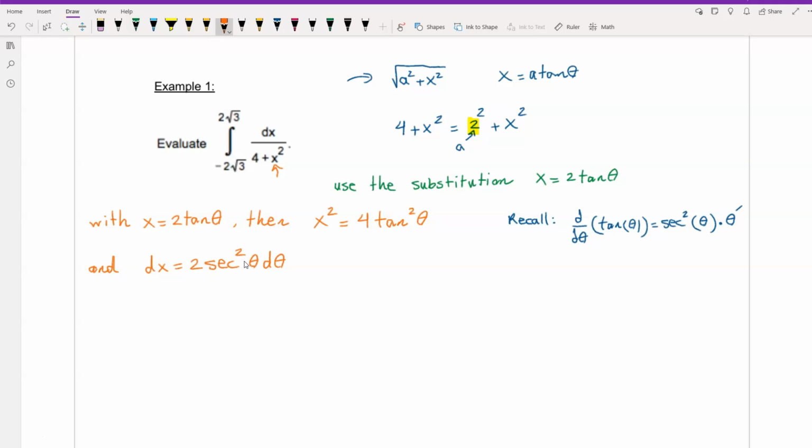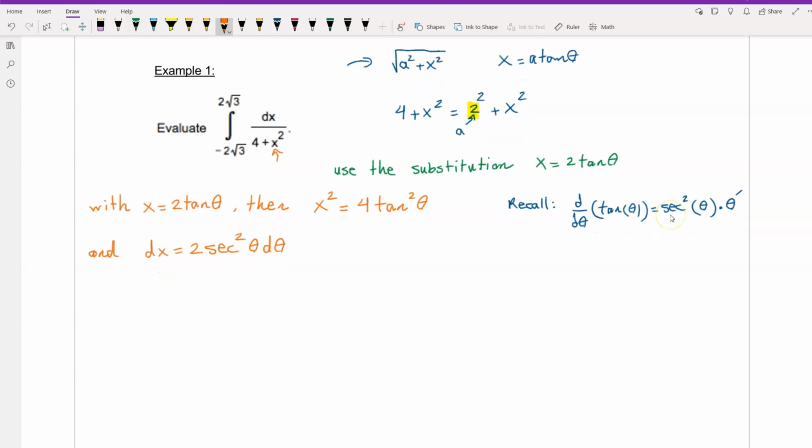And then we have to find the derivative of what we have here for x. Recall that the derivative of tangent with respect to theta is secant squared theta times theta prime. Based on that, dx is equal to 2 times secant squared theta d theta.